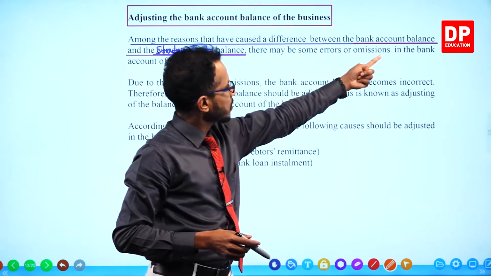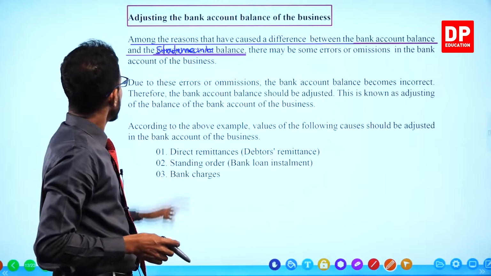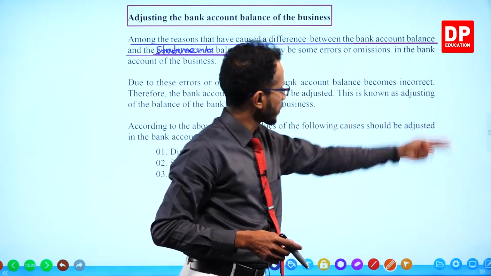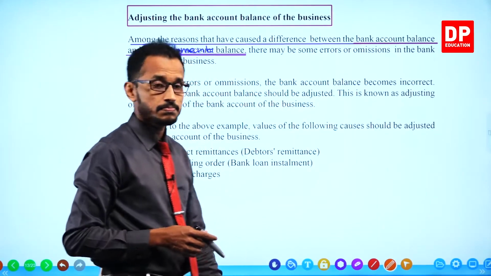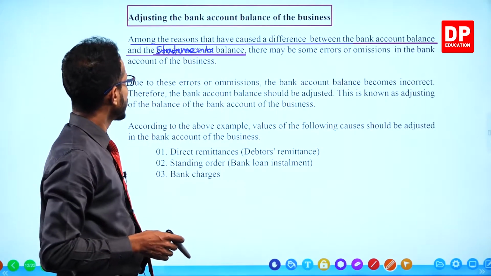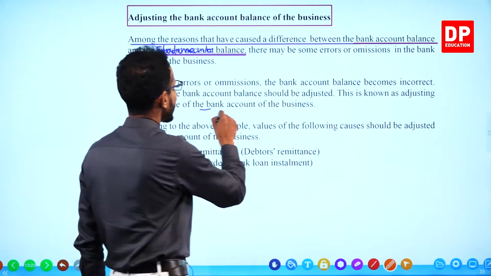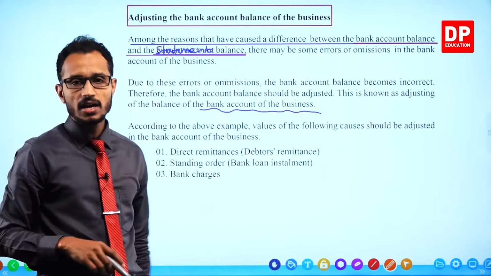There may be some errors or omissions in the bank account of the business. Due to these errors or omissions, the bank account balance becomes incorrect. Therefore, the bank account balance should be adjusted. This is known as adjusting the balance of the bank account.